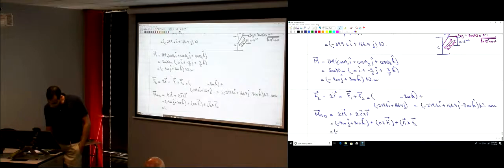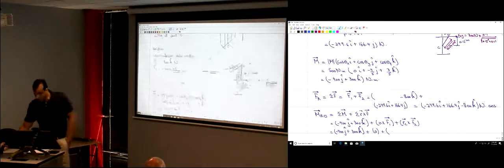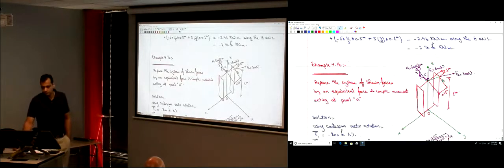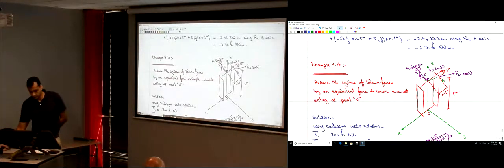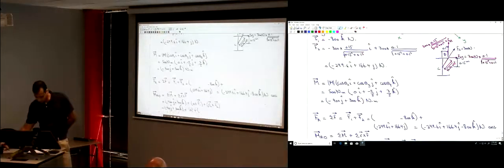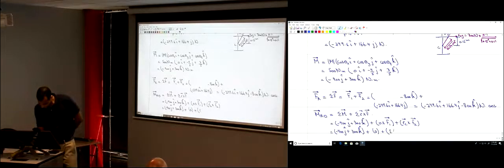So here we have negative 400J plus 300K plus 0 plus RC. How much is RC? 1 meter. No, there's nothing called 1 meter. 1K, okay? I'm using vector notation, so you have to write it in vector notation.